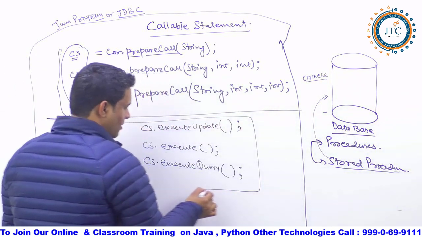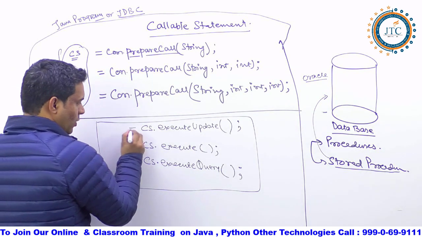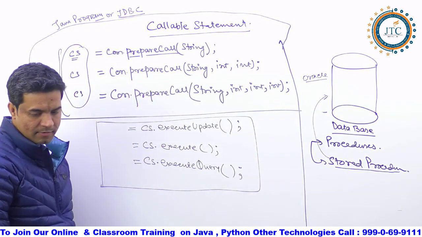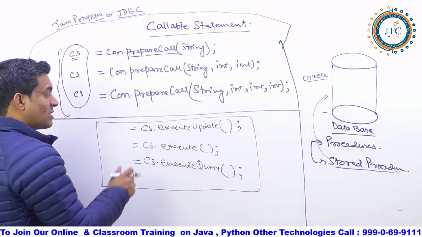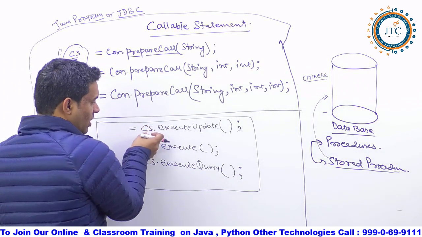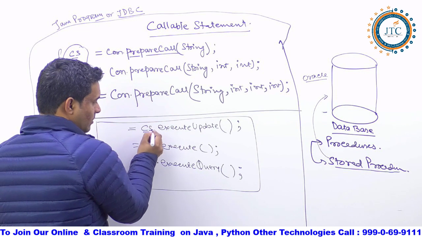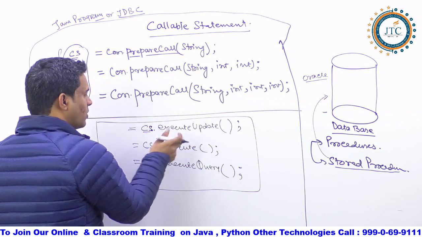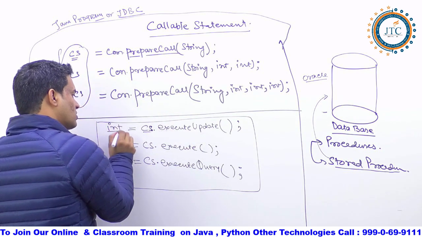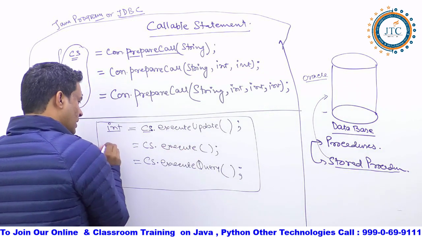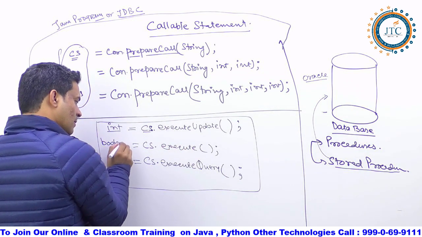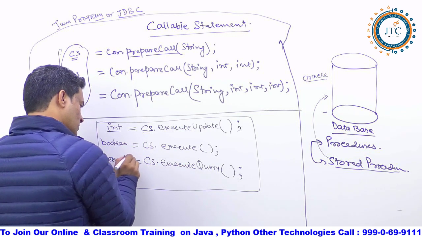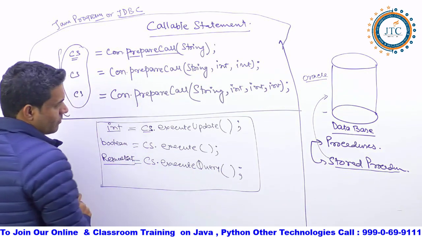By using these three methods we can submit the query to the database, or call the stored procedure from there. Callable statement dot execute update returns int as in previous cases, execute returns boolean, and execute query returns result set.